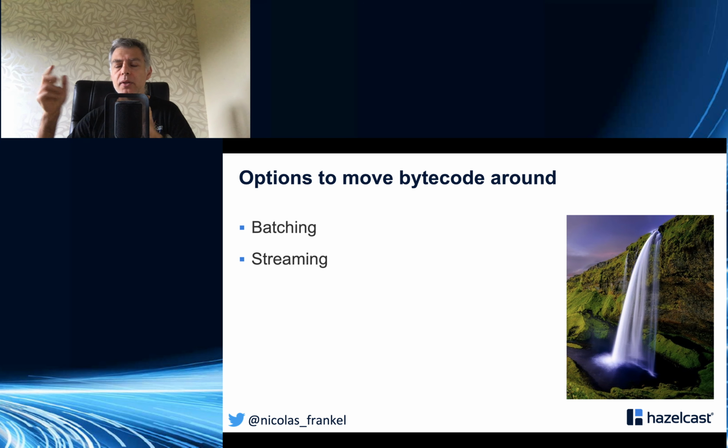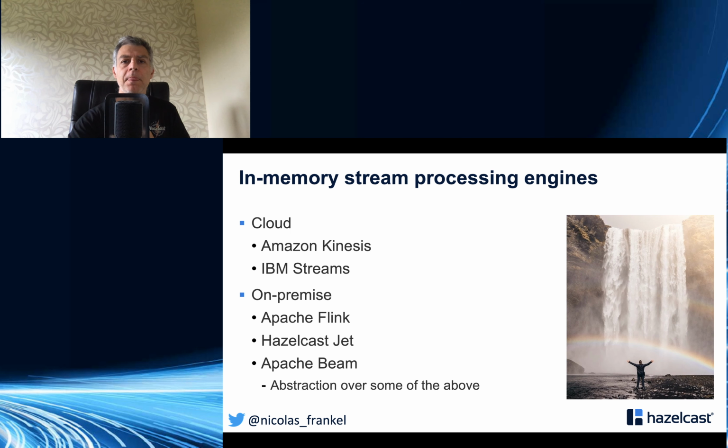So every now and then we will call the batch and say, oh, we will take the new bytecode and move it around. Or we have this streaming model, which seems much, much better, because it means that if nothing happens, like if there is no new code, then we won't deliver the existing code. And as soon as you have new code, then it will be moved around. So I believe the streaming model is much better adapted.